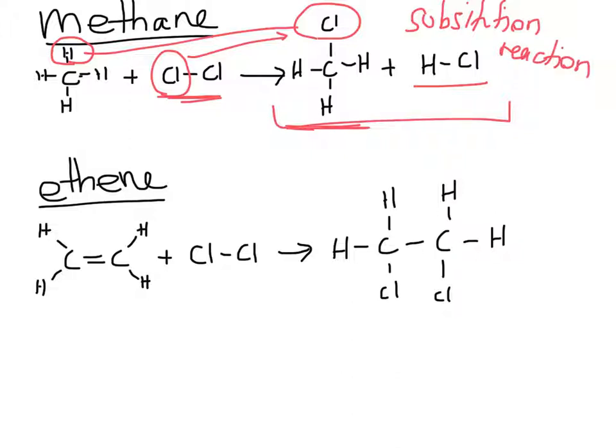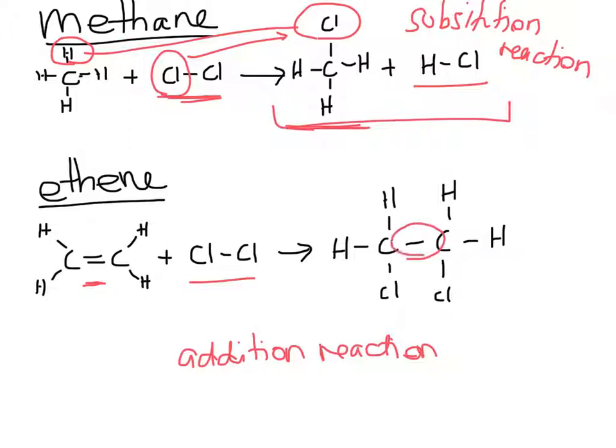So let's have a look at our ethene. So here in our ethene, you can see our double bond between the carbons, and we have our chlorines. So this is an addition reaction. We are adding the chlorine to our ethene. And you can see what's happened here.